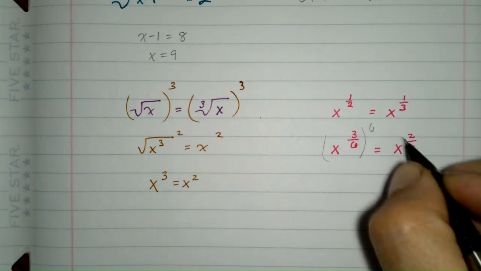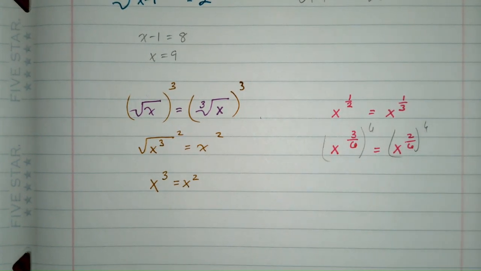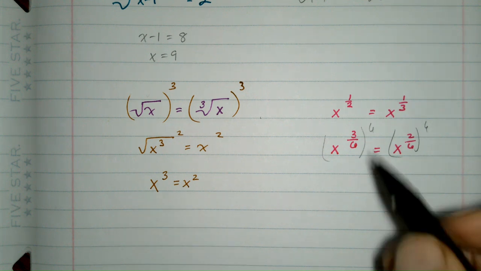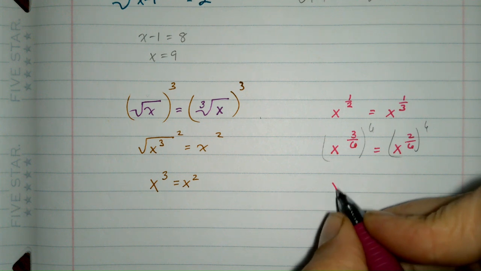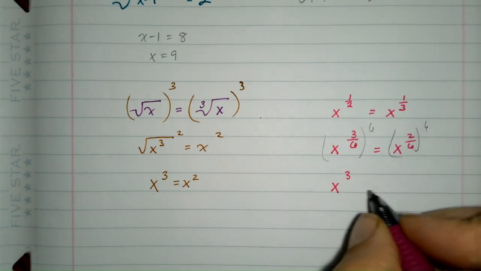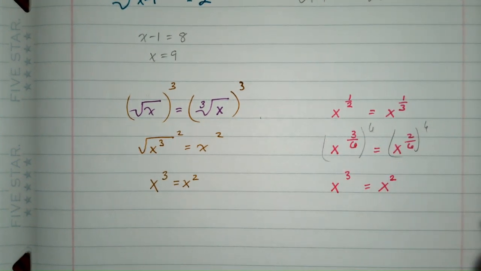I'll raise both sides to the 6th power. And when you multiply 3/6 times 6, you just get 3. And when you multiply 2/6 by 6, you just get 2. So now it's a cubic equation. Now we set it equal to 0.